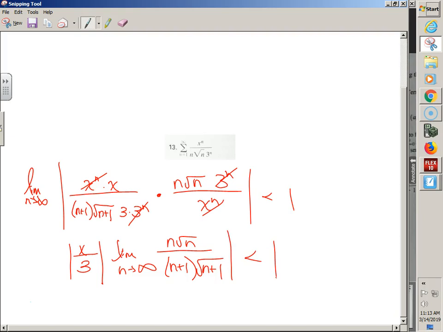Yeah, I was thinking that we could rewrite that to be n to the 3 halves. It's not equal to 1, though.